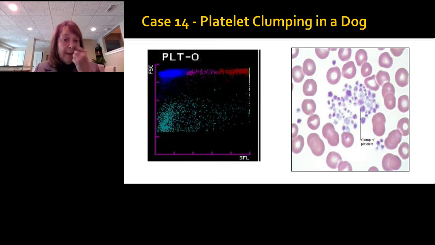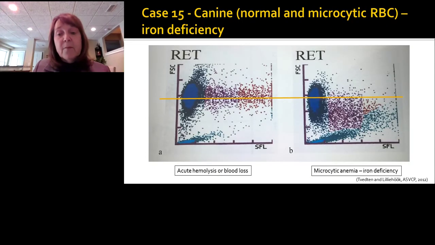All right, another one that was given by ASVCP, and I thought it was relevant for this population and a good learning example, was looking at the reticulocyte scattergram and where those populations fall. Typically, you could draw a line through the midpoint of your red cell population and your retics will fall right on it, and your red cell and platelet populations will have a good separation.